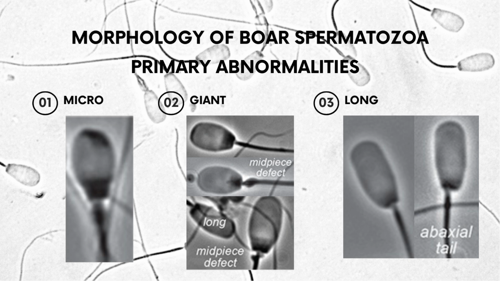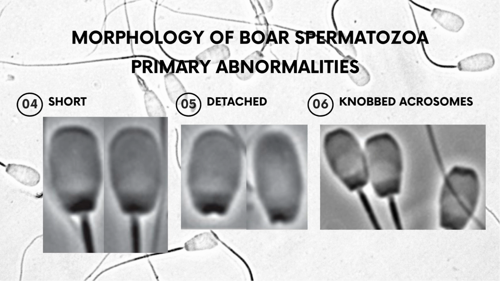This includes a microcephalic head, a giant or macrocephalic head, and an elongated head. Boar spermatozoa can also often exhibit short or even detached heads. All the aforementioned defects indicate acrosomal abnormalities and a negative effect on the genetic material of the sperm.